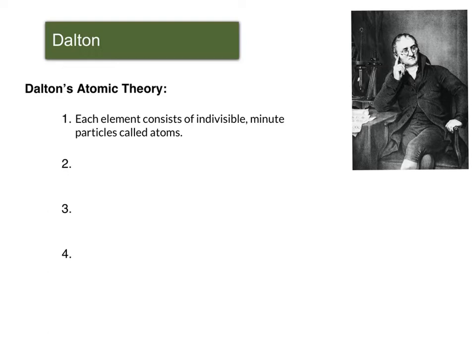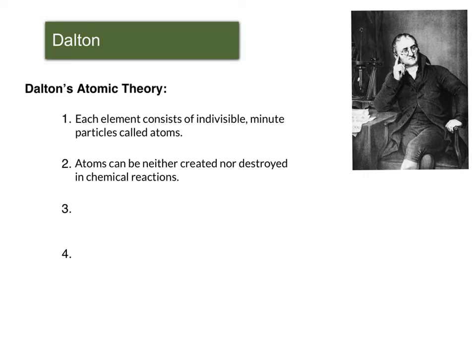So this draws on that same term that Democritus put forth, but now is based on the experiments that had been done in the 1700s. All right, the second one is that atoms can be neither created nor destroyed in chemical reactions. Okay, so if you're doing a chemical reaction and you start with oxygen, even if it's bound to one thing or another, it's still going to be oxygen at the end. It just might be in a different form.